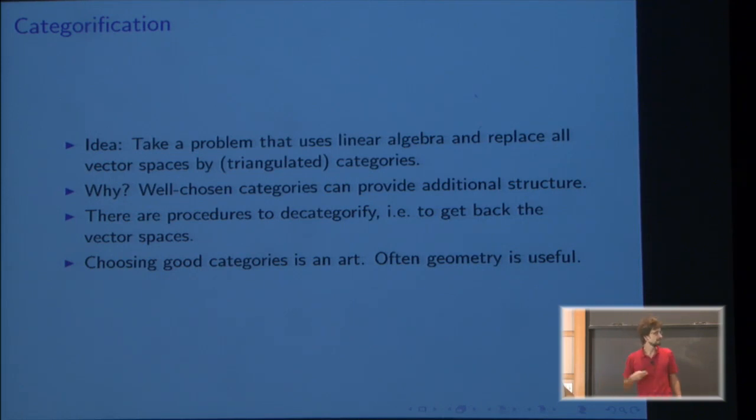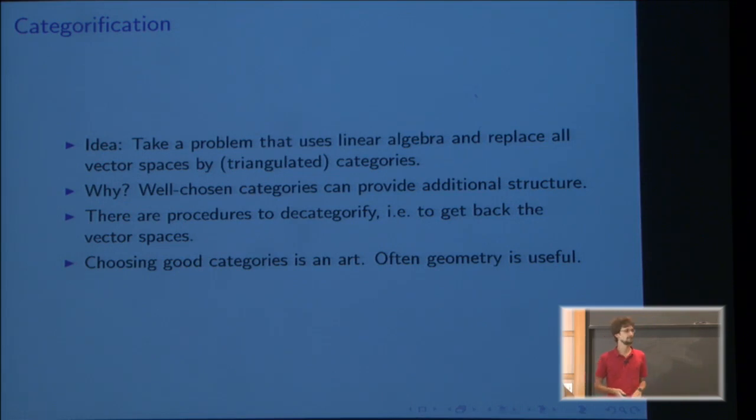What is clear is that often geometry is very useful. So instead of picking a category directly, you pick a space, and then you pick a category of sheaves or something of that space. So to summarize, categorification is the idea that you replace vector spaces by categories, you solve your problem on the level of categories, and then you decategorify back.